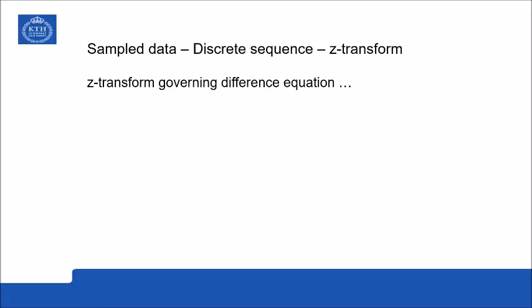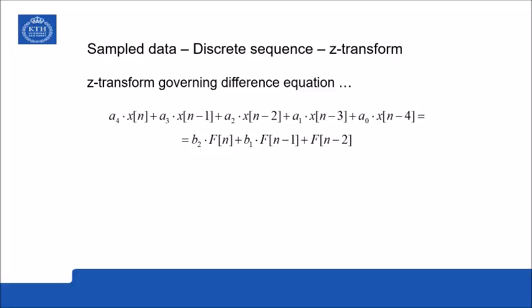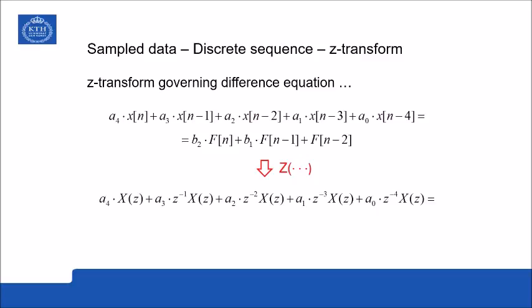Let us now apply the Z-transform to our governing difference equation. This was the right and left hand sides, and we now apply the Z-transform to the left hand side. We obtain this Z-transform, and to the right hand side we obtain this version.